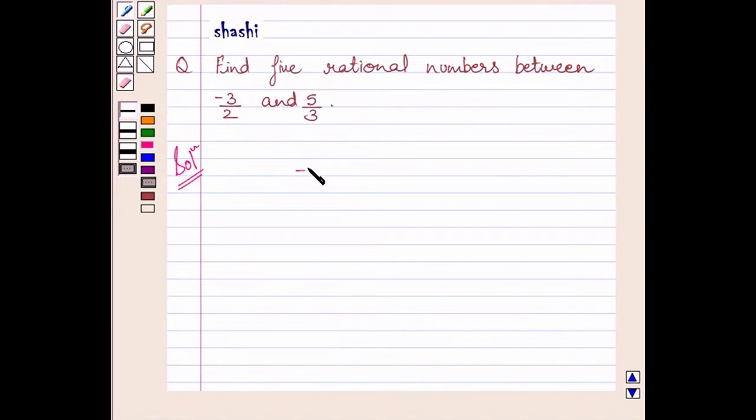Now given rational numbers are minus 3 upon 2 and 5 upon 3. Now we will convert minus 3 upon 2 and 5 upon 3 to rational numbers with same denominator. Now, multiplying and dividing numerator and denominator of minus 3 upon 2 by 3, you get minus 9 upon 6.